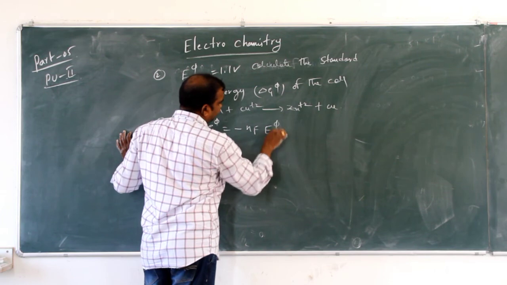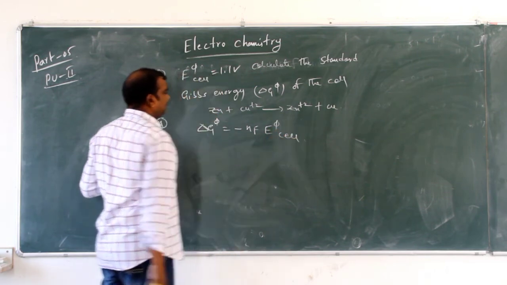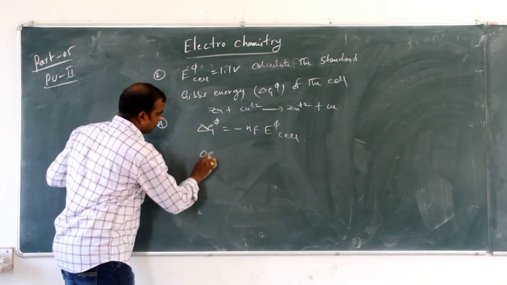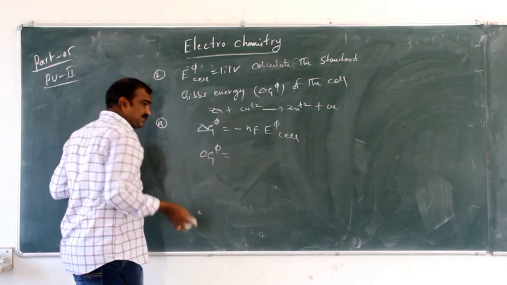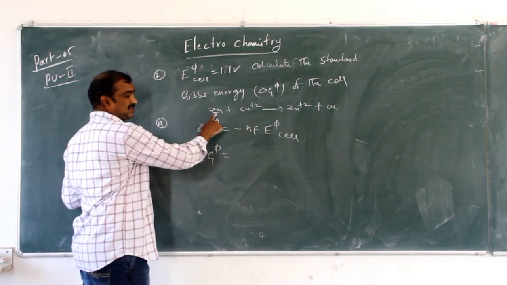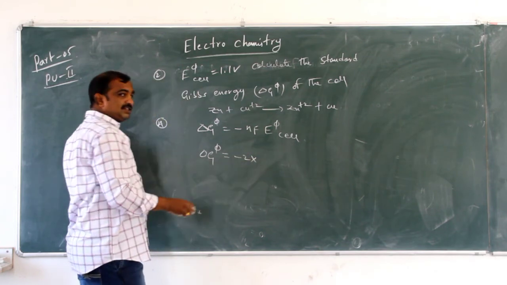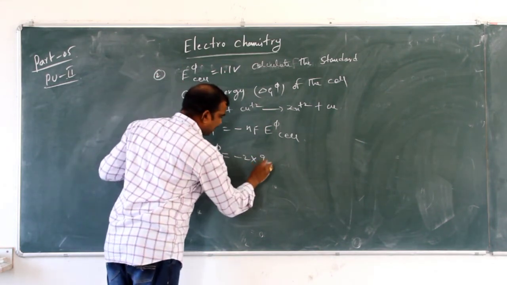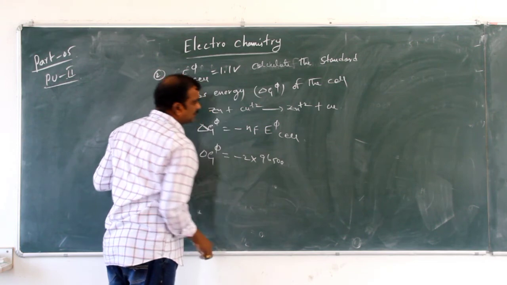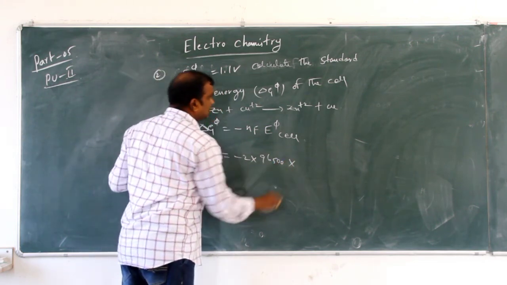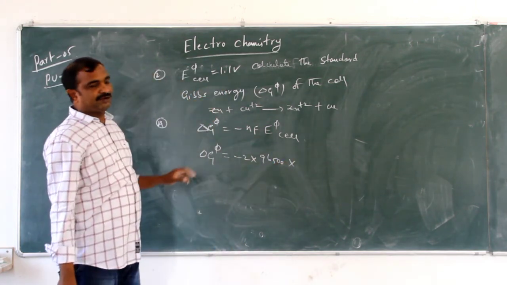We substitute the number of electrons transferred, 2, and Faraday's charge, 96,500 coulombs, into E0 cell, which is 1.1 volts.